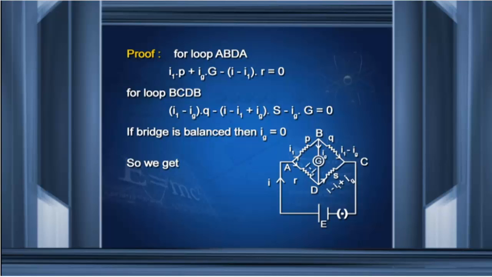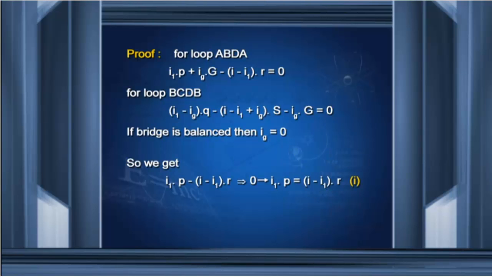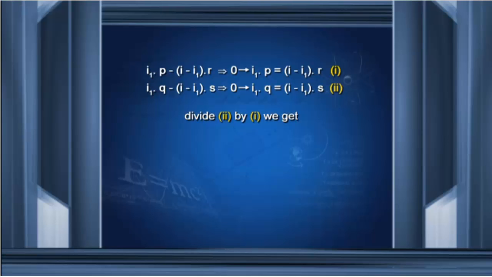So, we get I1 into P minus (I minus I1) into R equals to 0. That means I1 into P equals (I minus I1) into R, equation number 1, and I1 into Q minus (I minus I1) into S equals to 0. That means I1 into Q equals (I minus I1) into S, equation number 2. Divide equation number 2 by equation number 1, we get P upon Q equals to R upon S.